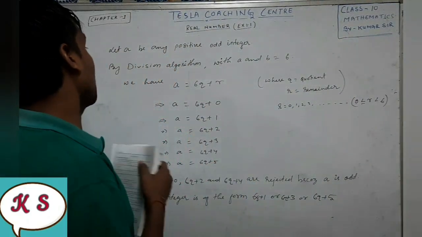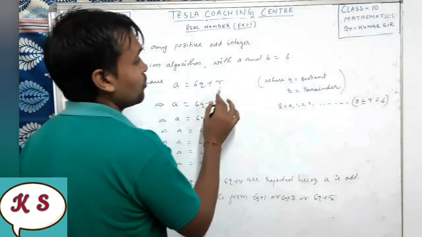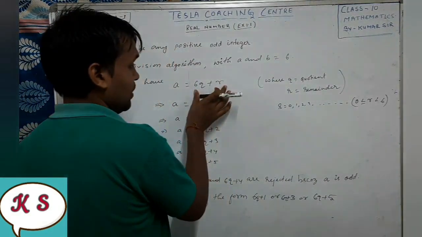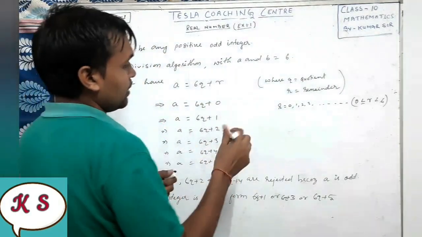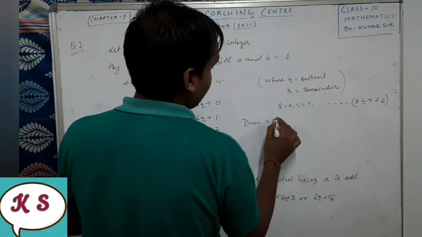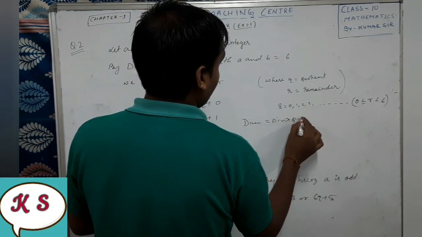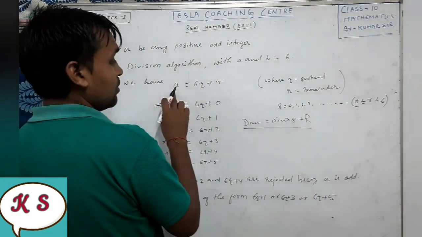So we have a equal to 6q plus r. What is this formula? I will tell you. Dividend is equal to divisor into quotient plus remainder. That formula only we are using here.